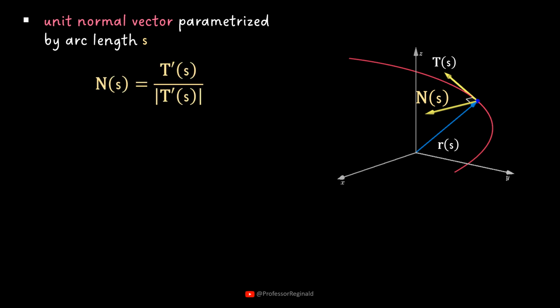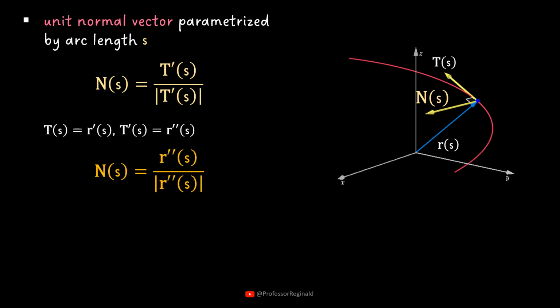From our discussion of curvature of a space curve, we studied the following formulas involving unit tangent vectors. This means that the unit normal vector parametrized with respect to arc length is equal to the second derivative of the vector-valued function with respect to the arc length parameter divided by its norm.